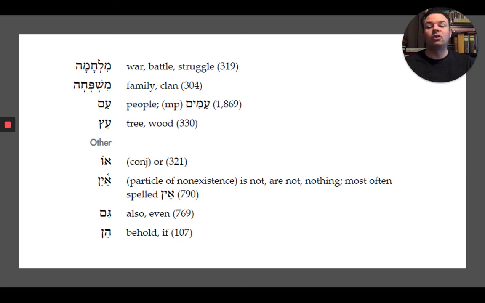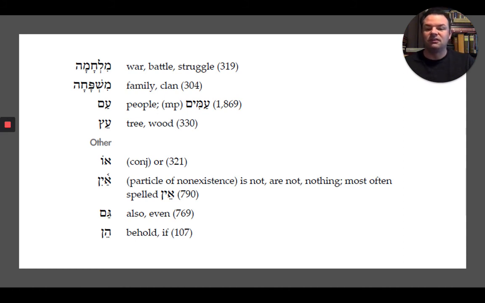O is the word for or. Ayin is a particle of non-existence. It means is not or are not, depending on the context. So ayin sus would be there is no horse.